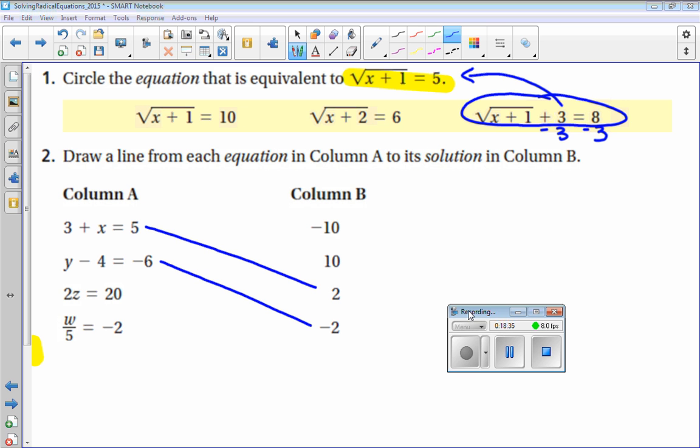What about here? Positive 10, because when I divide by 2. How about this last one? Do you see how you can multiply by 5 and you would get negative 10? Okay, so we know how to solve these basic equations.